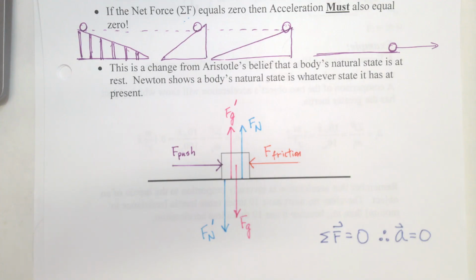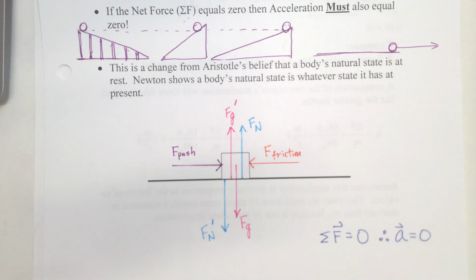Constant velocity means acceleration is 0. Correct. So just because your acceleration is 0, it doesn't mean it has to be at absolute rest. When acceleration is 0, it could be in motion at a constant velocity. It could be moving in a straight line with a constant speed, and you could still have acceleration of 0. Very good.